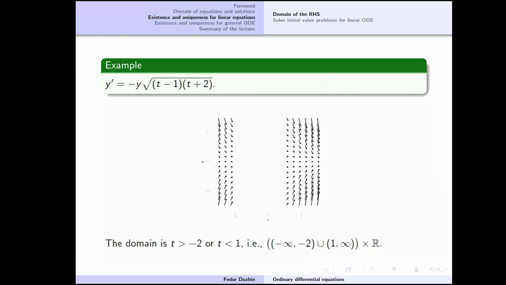In other words, what you see here is that the domain is just completely separated. So we have one area in the domain is when t is bigger than negative... there is a typo, of course. It should be either smaller than negative 2 or bigger than 1.